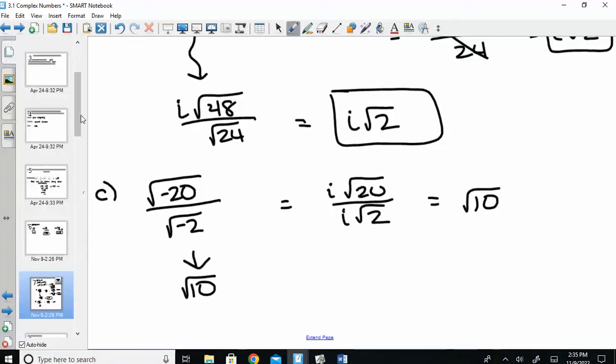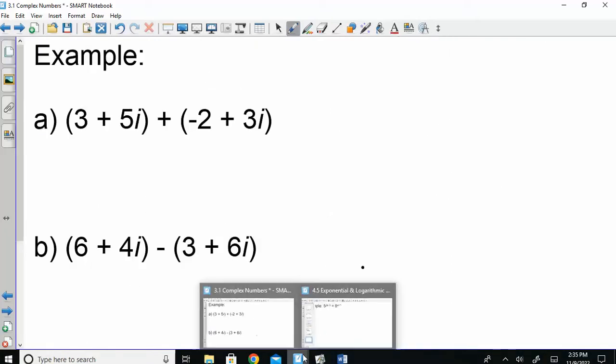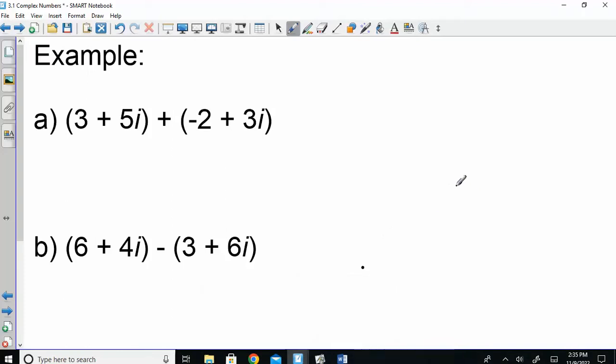Any questions there? No. Alright, so we can handle reducing radicals. Let's try some operations with radicals. I remember this. It's just combining like terms. The i doesn't change anything. It's just like any other variable in terms of working the problem.